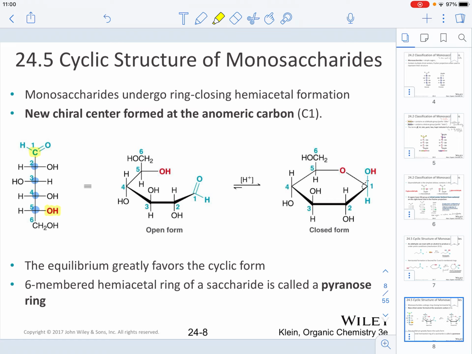In this case, we have an aldohexose undergoing cyclization.